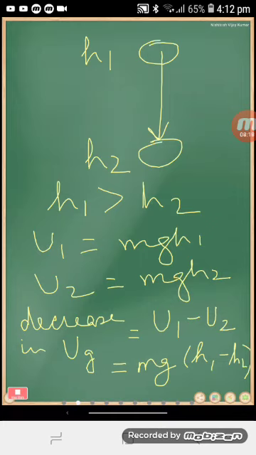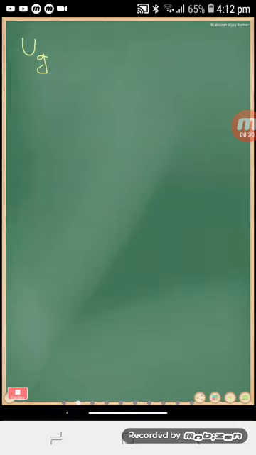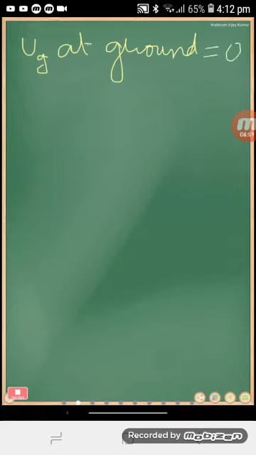Now in general, we find that the potential energy, that is gravitational potential energy at ground, is considered to be 0.